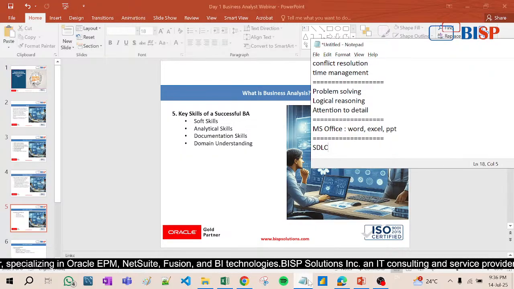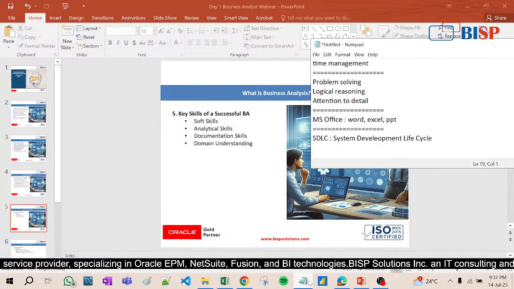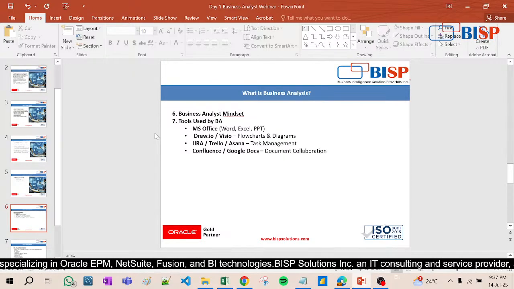For example, requirement analysis, then requirement gathering, then designing, after that the development, then the testing, right? So you should have the knowledge of system development life cycle. Let me write it down here, system development life cycle. Okay, so these are some key skills a business analyst should possess.